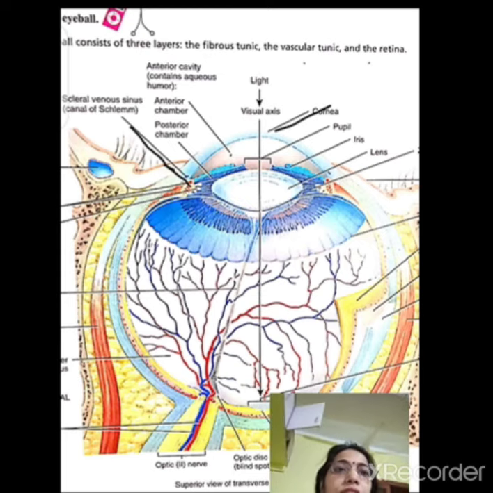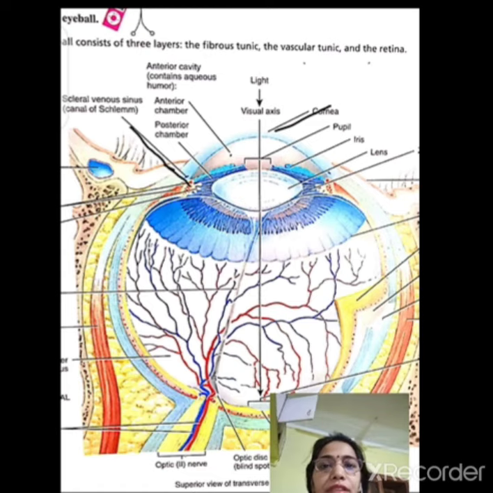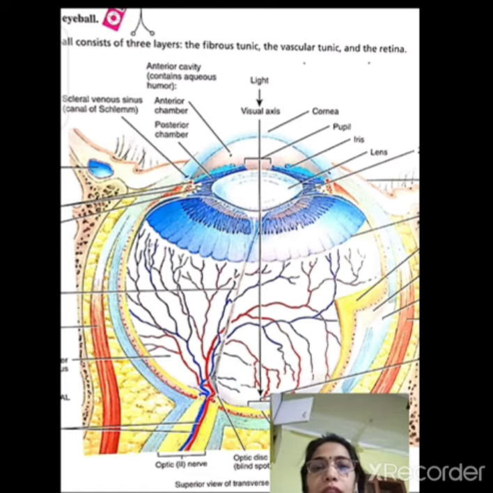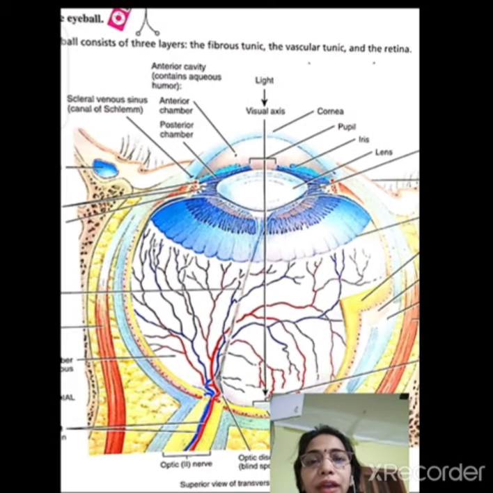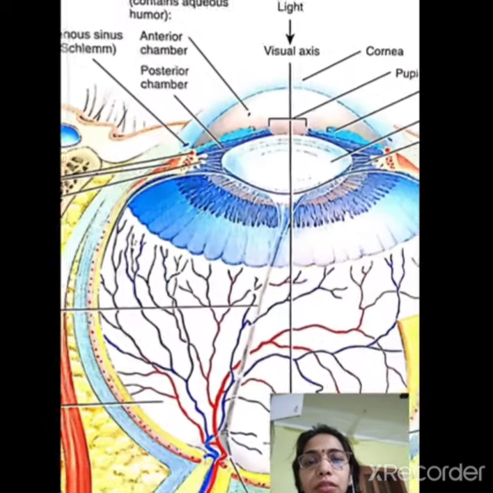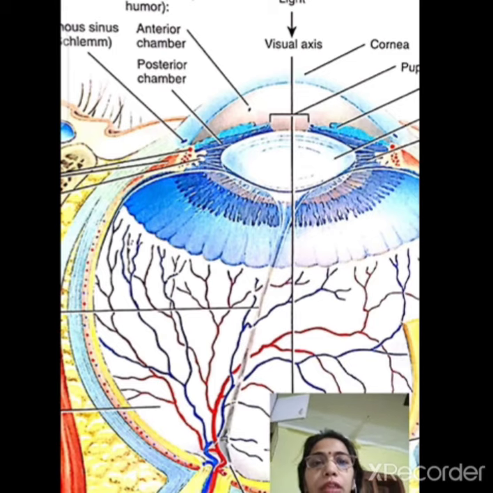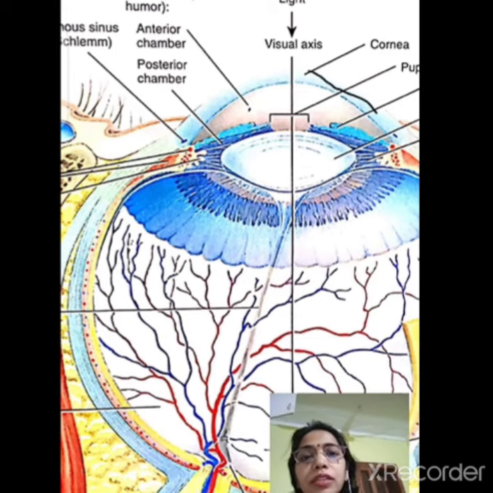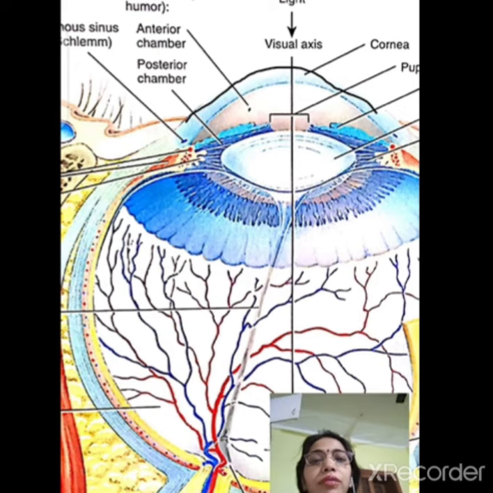Next, the cornea is a transparent coat that covers the colored iris. In the eye you can see there is a color.